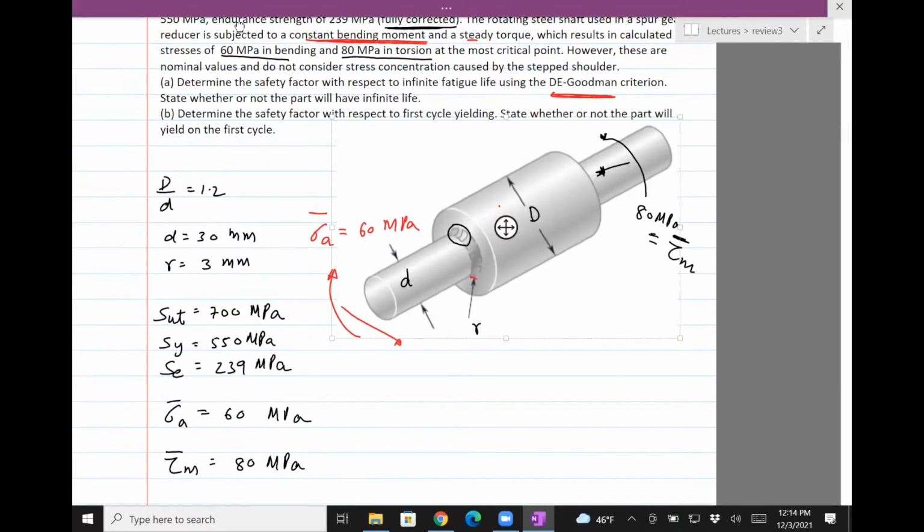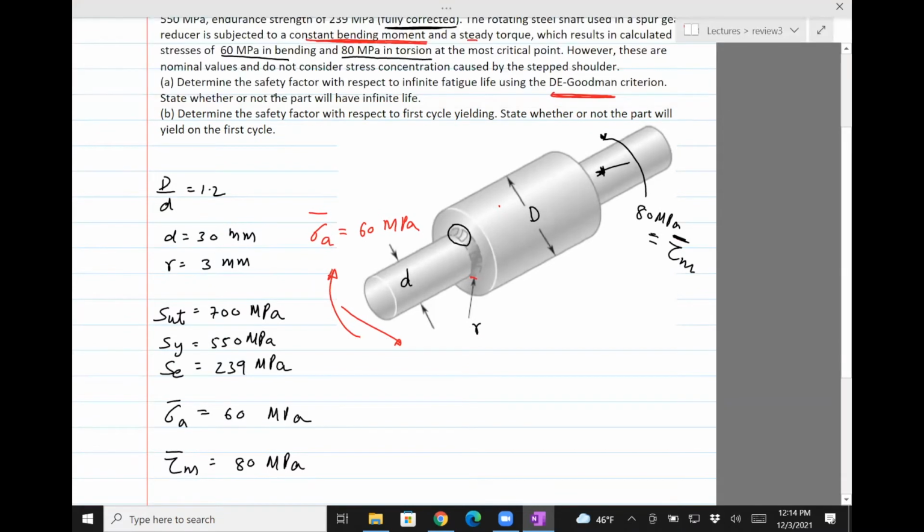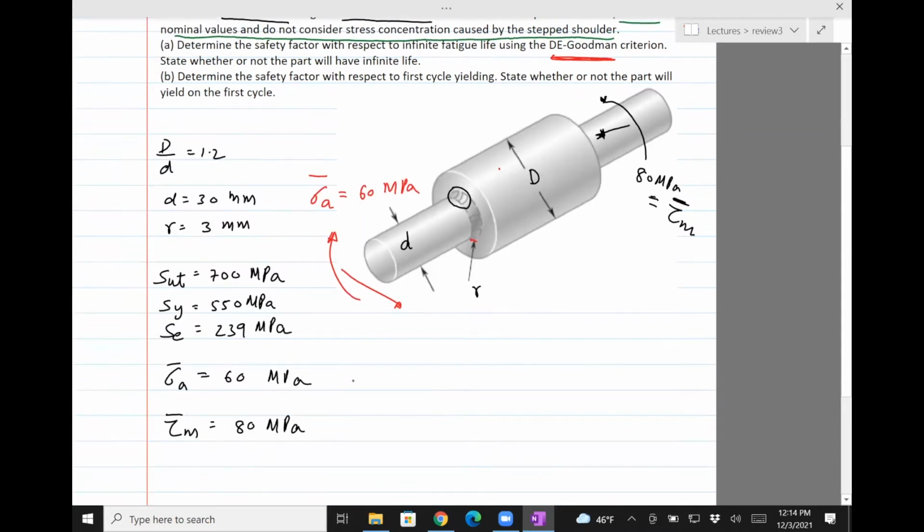You're also told that these are nominal values, do not consider the stress concentration factor. So what we need to do here is find sigma A by taking the fatigue stress concentration factor and multiplying with the nominal, and the same for M. So Kf, the corresponding one is Kfs in shear. Okay, so we need to find Kf and Kfs, which are not given.